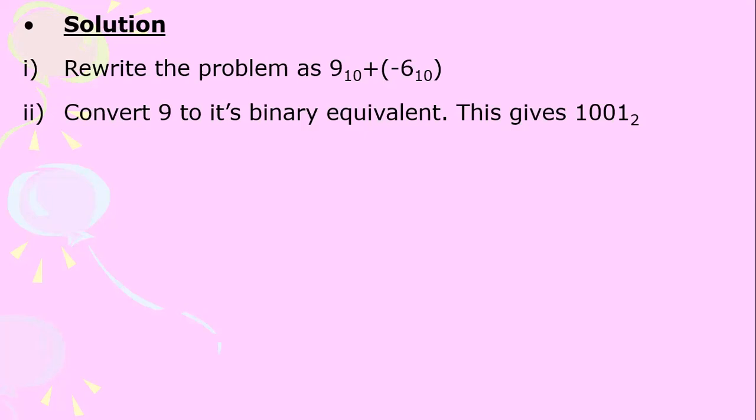The binary equivalence of 9 is 1, 0, 0, 1. So if you convert decimal 9 to its binary equivalence, you get binary 1, 0, 0, 1.